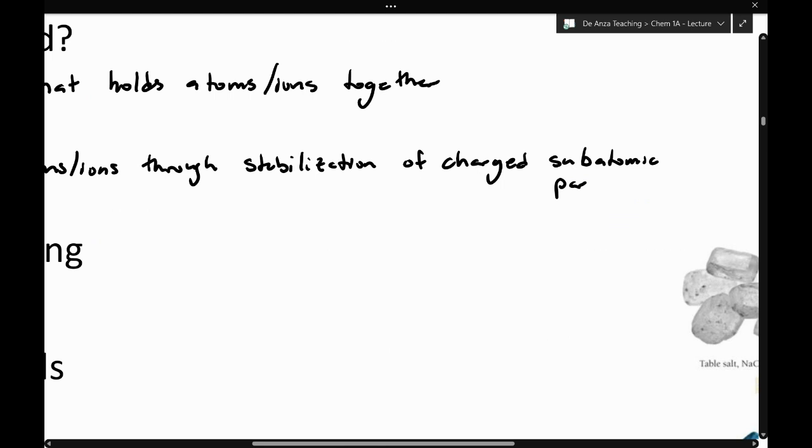And so there's actually 3 different types of bonds we're going to talk about in this class.